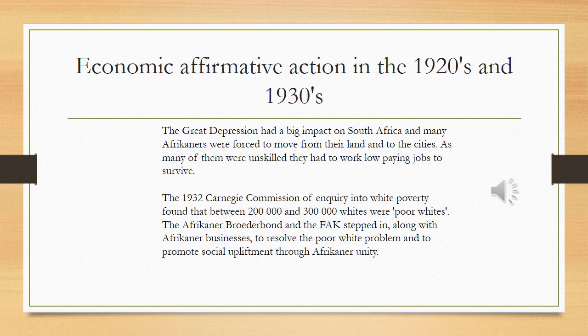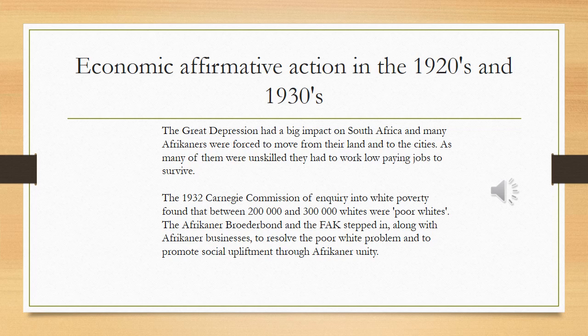In 1932, there was what we call the Carnegie Commission of Inquiry. This inquiry was formed to investigate white poverty, and it found that between 200,000 and 300,000 whites were what they referred to as poor whites.